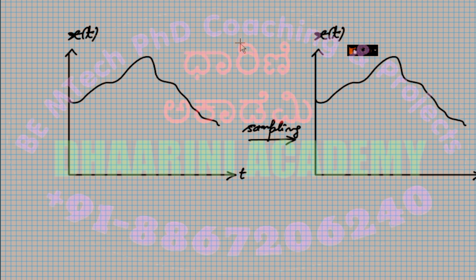The word we are looking for is not distortion, it is aliasing. Aliasing in the sense you are not able to reconstruct the signal. That's the problem. There will be aliasing when you don't satisfy the Nyquist rate.